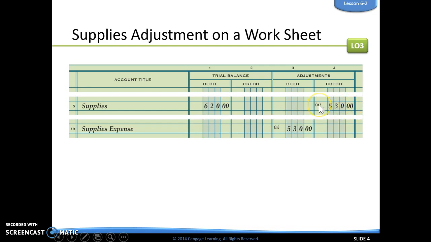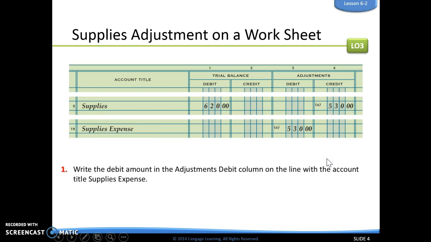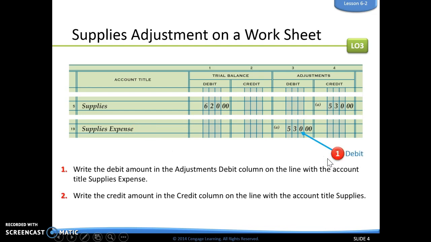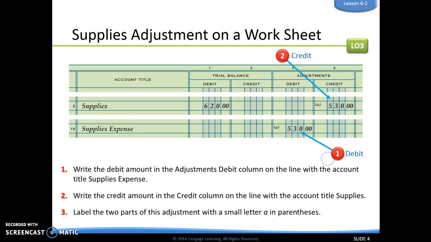The reason that they label this as A is so that we can keep our adjustments together. And so we have our credit, and then we're going to label our debit of 530 to our supplies expense also with an A. So here they're just saying we're going to write in our debit amount into the adjustments debit column, and then we're going to write our credit amount into our credit column.